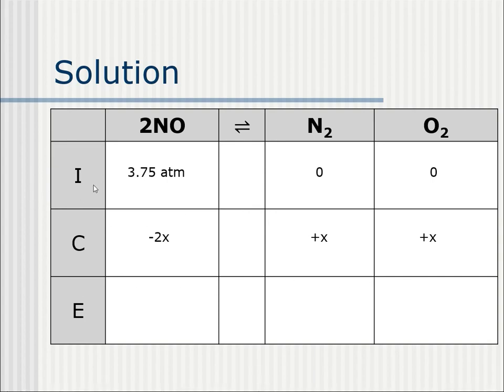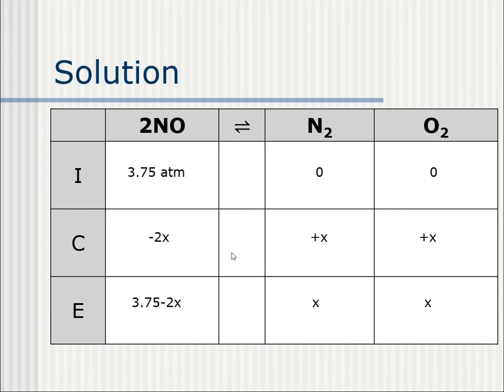Second, when we're doing an ICE chart, the piece that connects it all together is I plus C equals E. So we add these up: 0 plus x, 0 plus x, and 3.75 minus 2x. We don't know what those numbers are, but we can do algebra and express them as values.